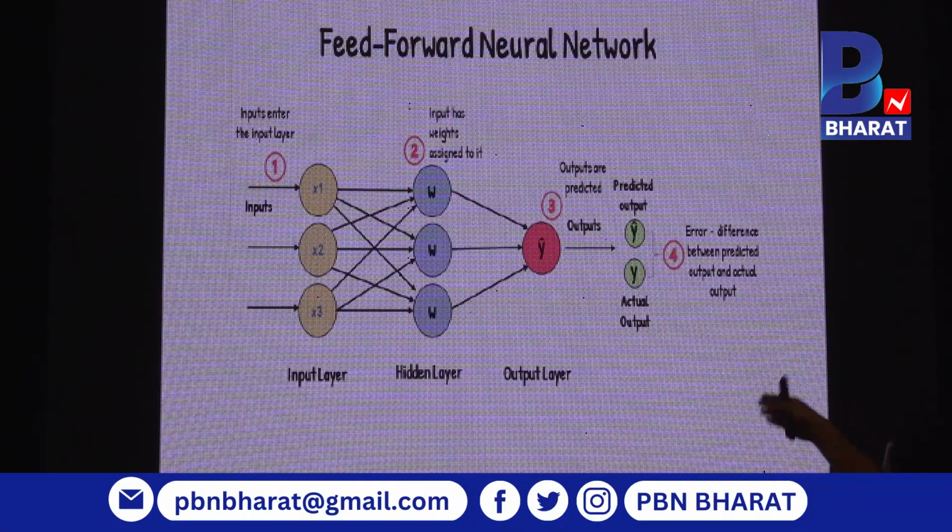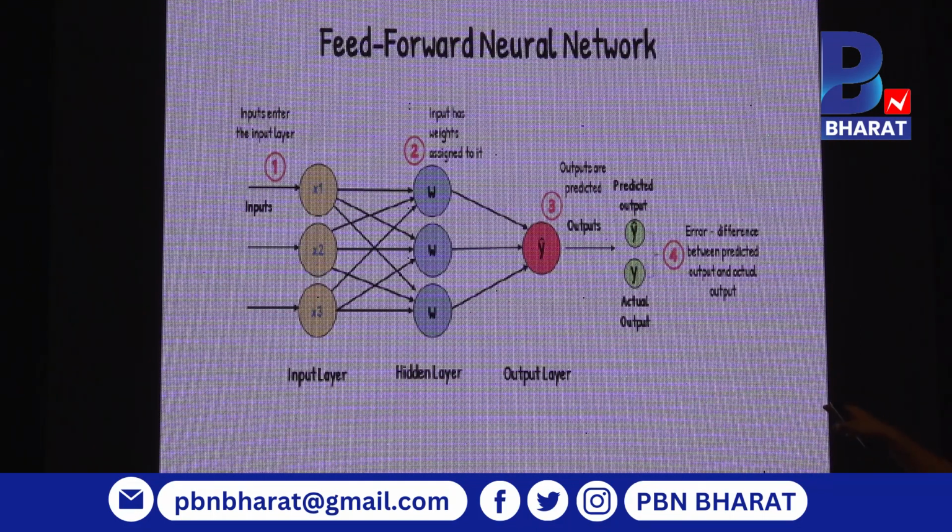Then you have hidden layers, here only one, and the nodes are connected by edges. In the end you have an output layer, and this output is something you get from the network based on what you have learned as part of the learning process.